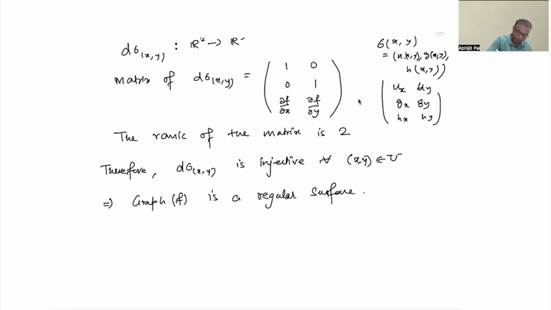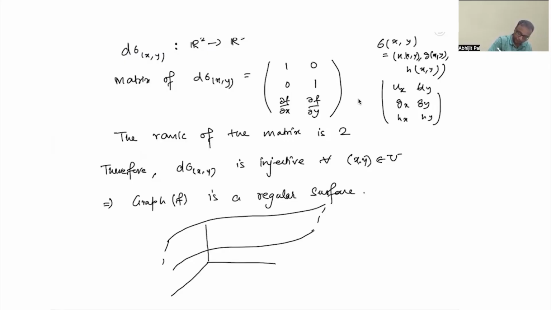So if the graph of f is something like this, and I take any point (x, y) here, the coordinates of the corresponding point will be (x, y, f(x, y)). So this is a regular surface. Okay, we'll stop here and continue in the next class.